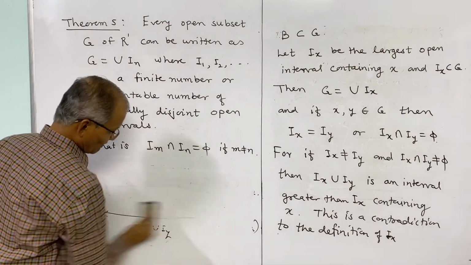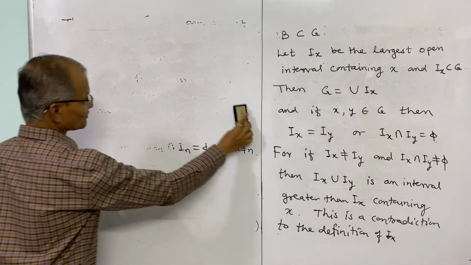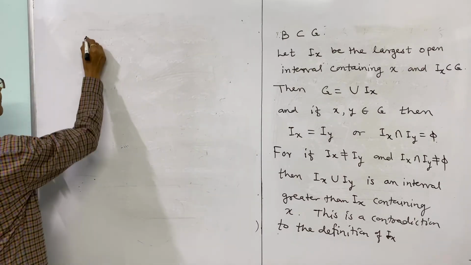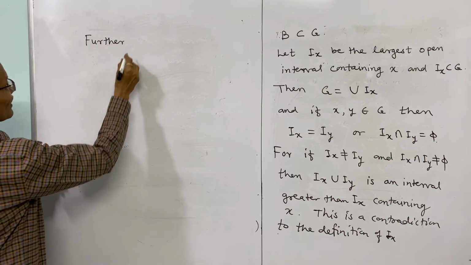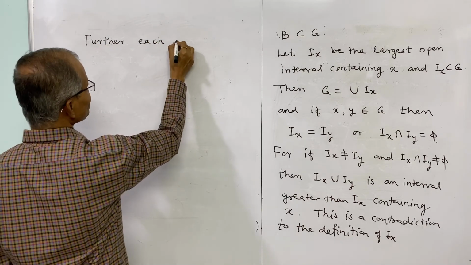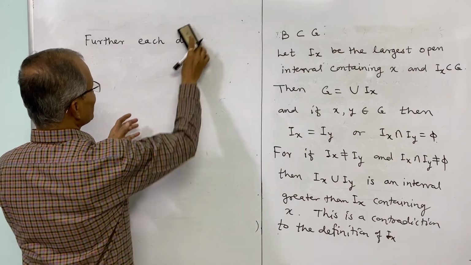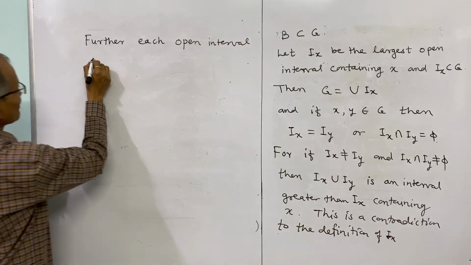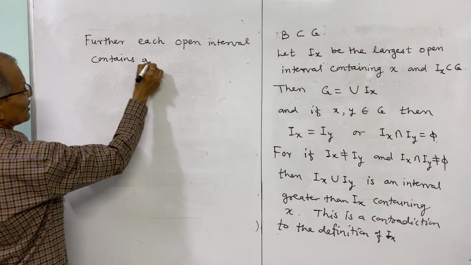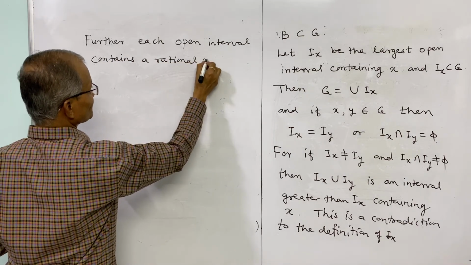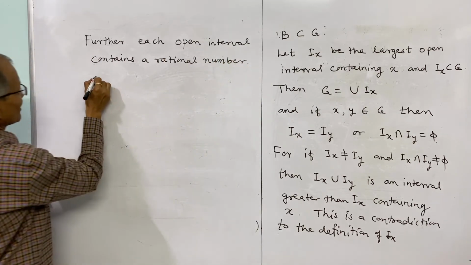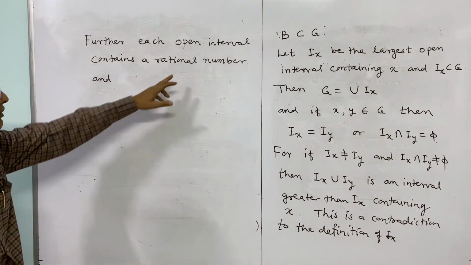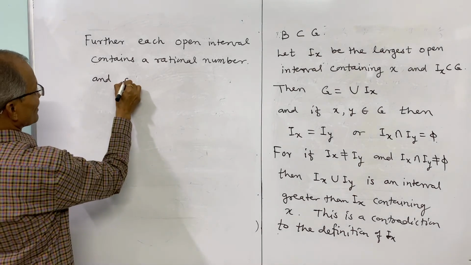Further, each disjoint open interval contains a rational number, and disjoint intervals cannot contain the same rational number.